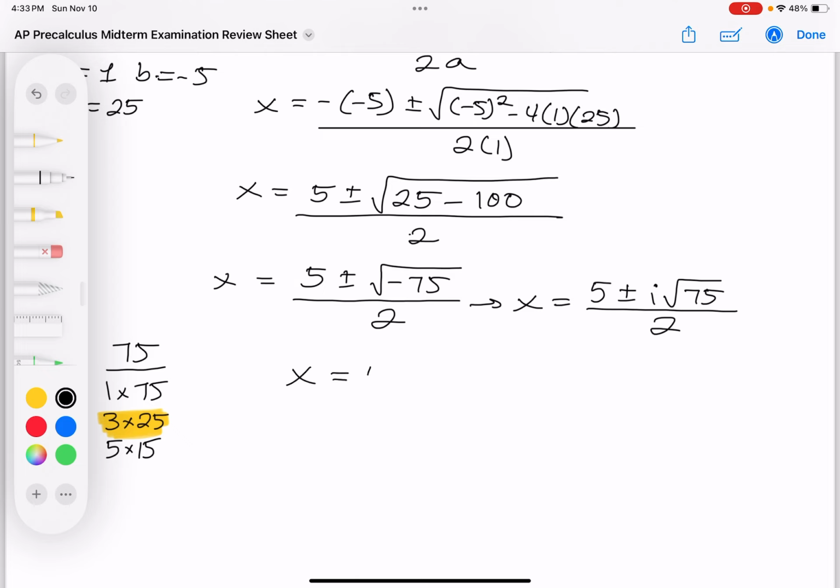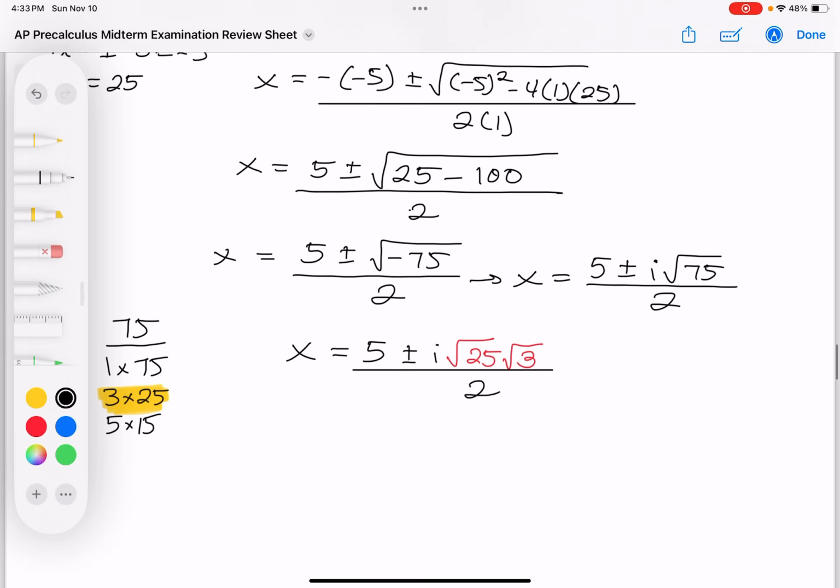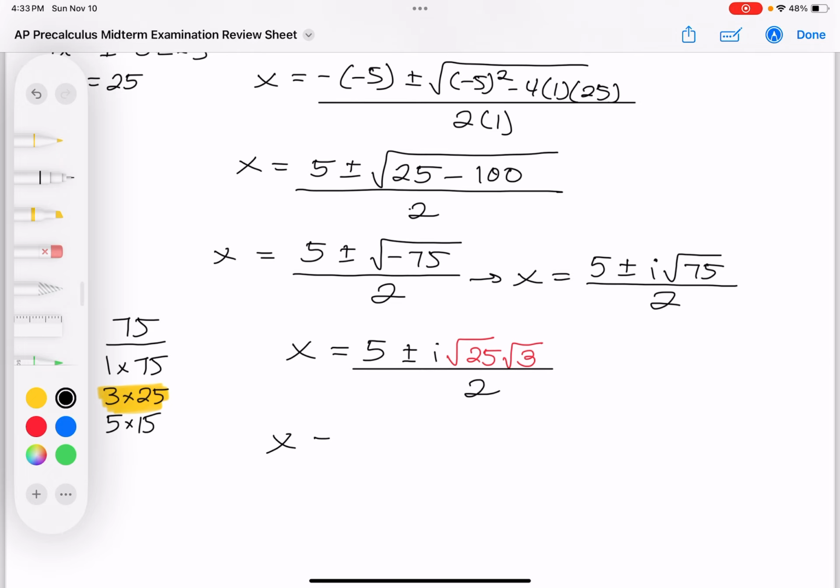So x equals to 5 plus or minus i. We can rewrite this as the square root of 25 times the square root of 3. 25 times 3, once again, is 75. That's divided by 2. So x equals to 5 over 2 plus or minus the square root of 25 is 5.